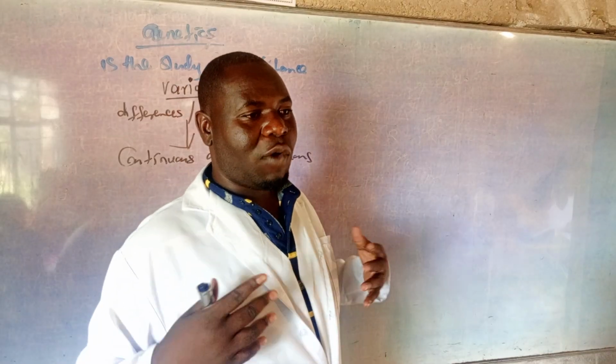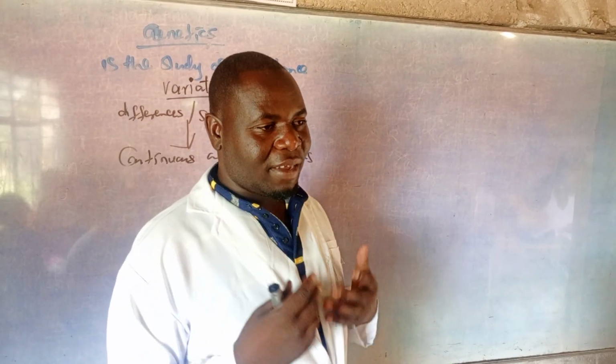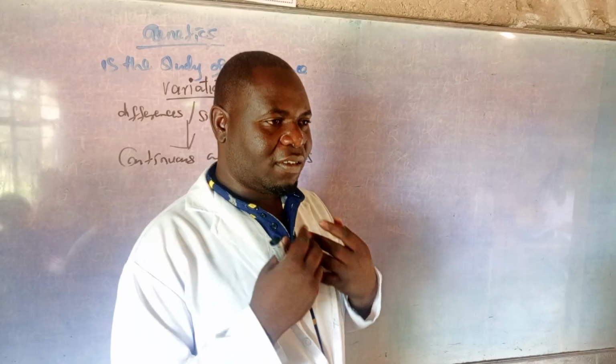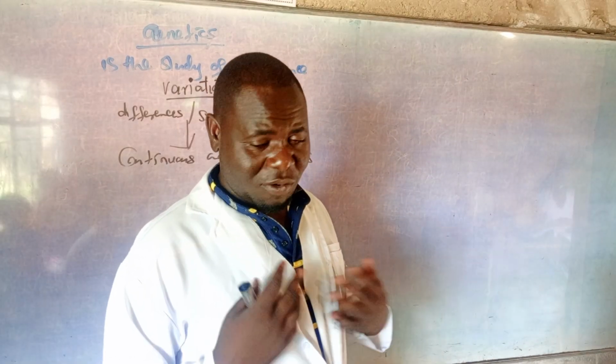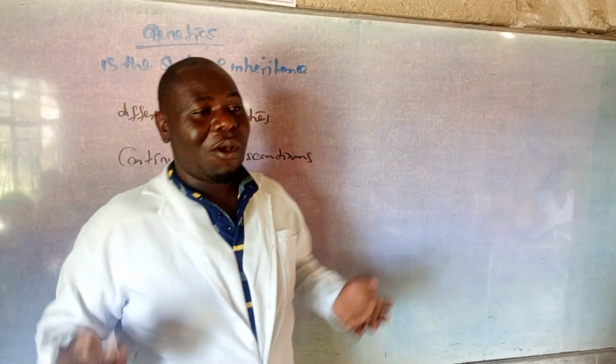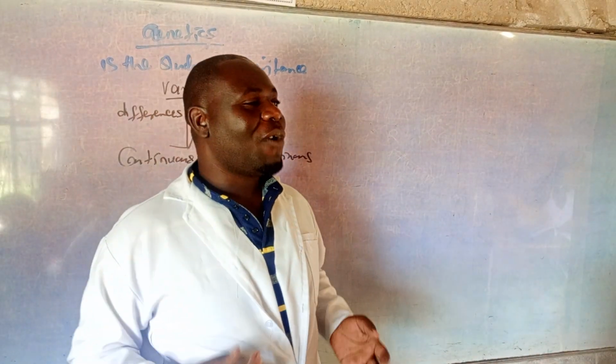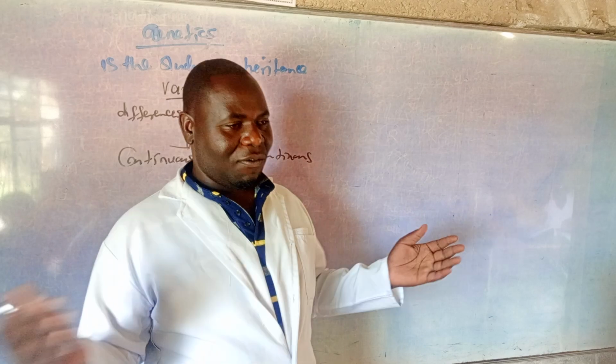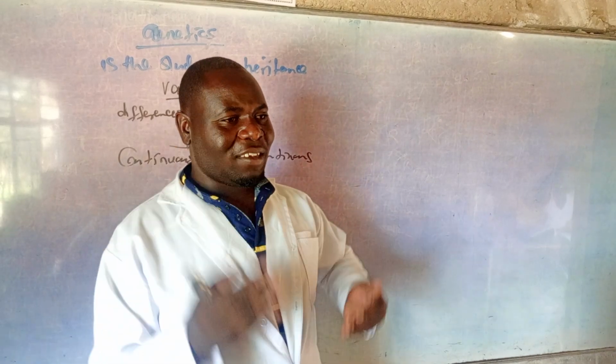An example is weight. As you can see, my weight as of now is about 60 kg. But if I start eating well, my weight can go to 105 kg, which means weight can change.